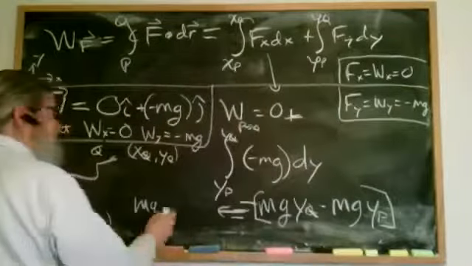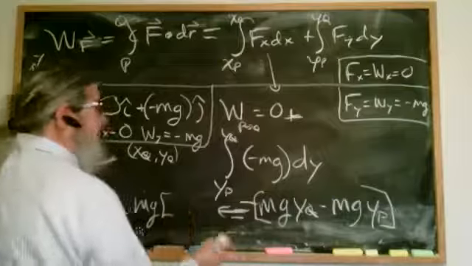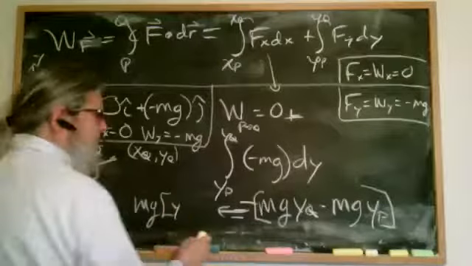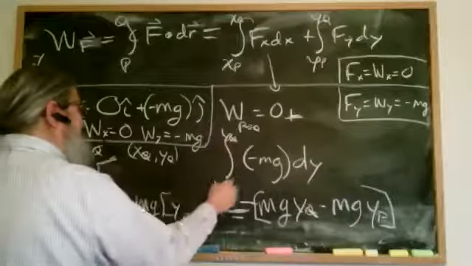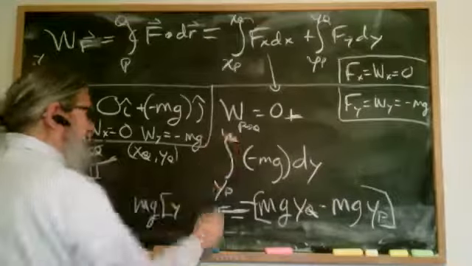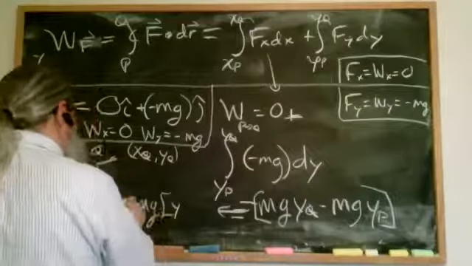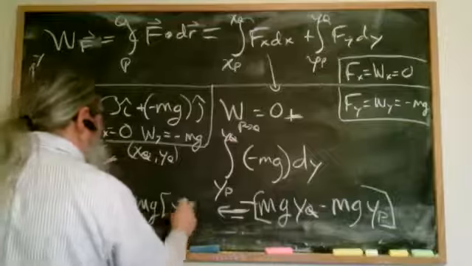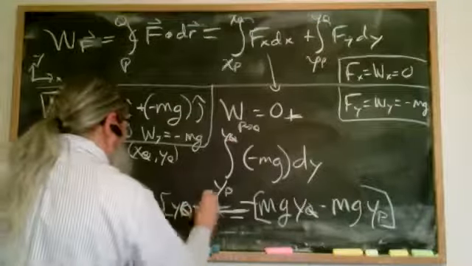So that just becomes mg times the change in the height. Wait, no, careful. I go from A to B, so I take B, the usual story. So I end up with negative mg, I'll just stick with this negative sign here, y_p minus y_q.